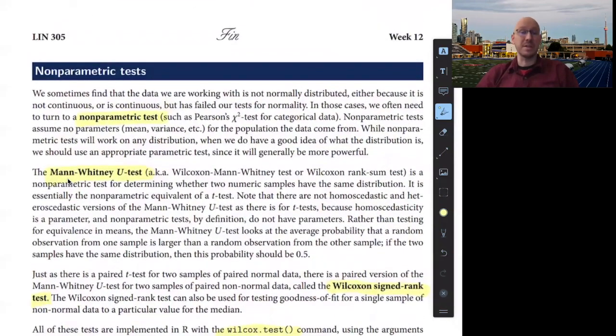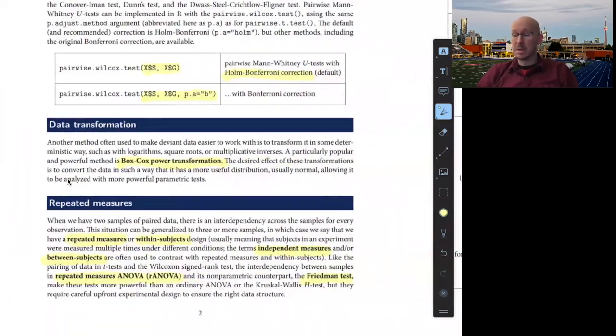Those are things that are going to crop up a lot because you're not always going to have normally distributed data. And then things like the Box-Cox power transformation can pop up if you've got a particular type of data you're working with where the underlying distribution isn't normal until after you've applied a mathematical equation to it.